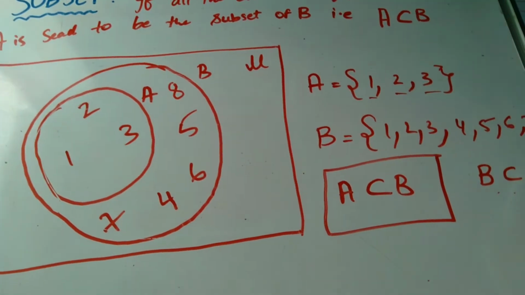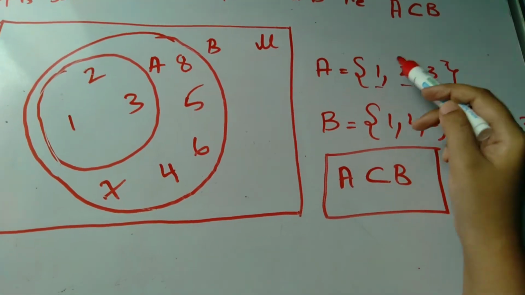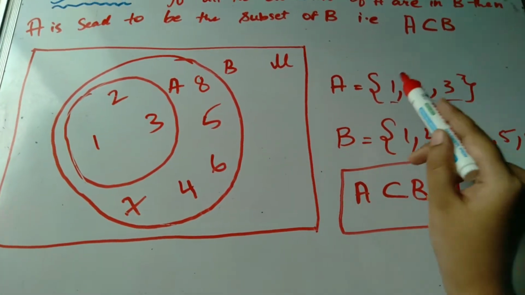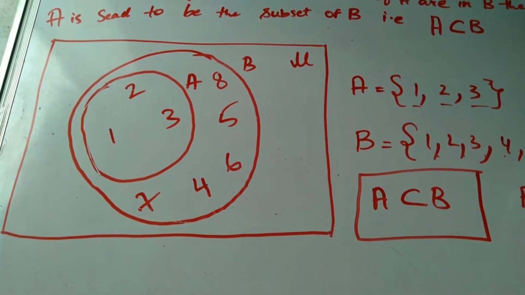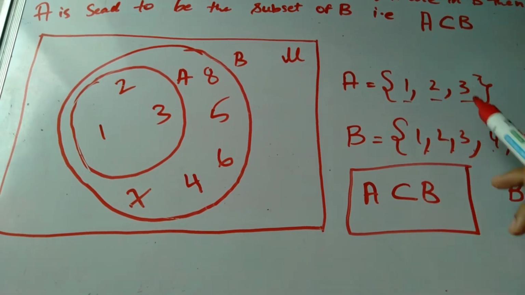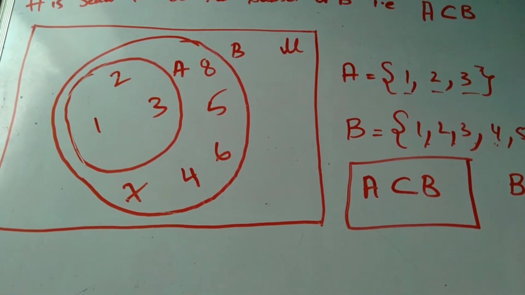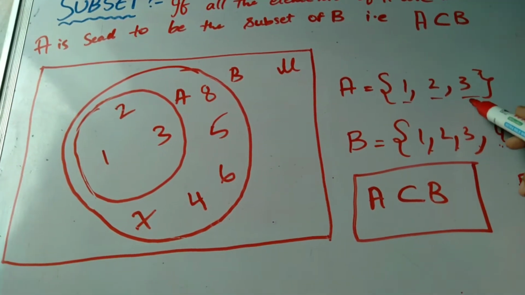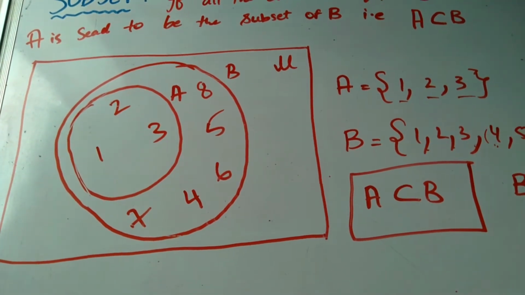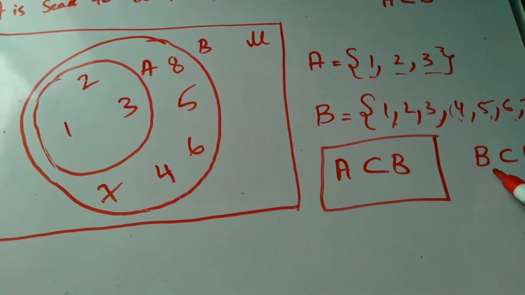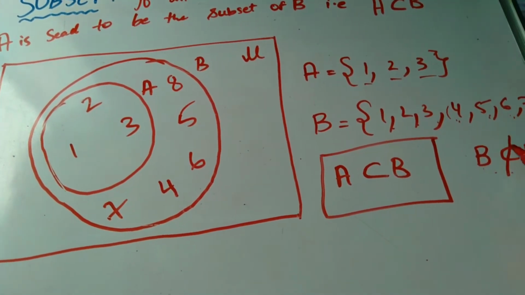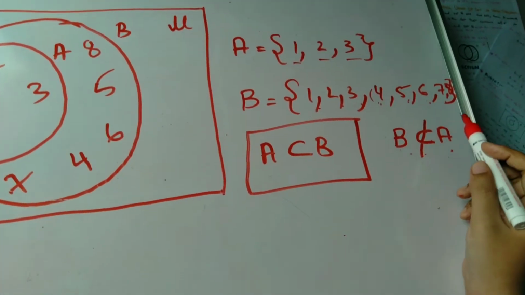All the elements of B should be contained in A. Then we say B is a subset of A. What are the elements of B? 1, 2, 3, 4, 5, 6, 7, 8. Are all in A? No. 4, 5, 6, 7, 8 are not present in A. So B is not a subset of A.